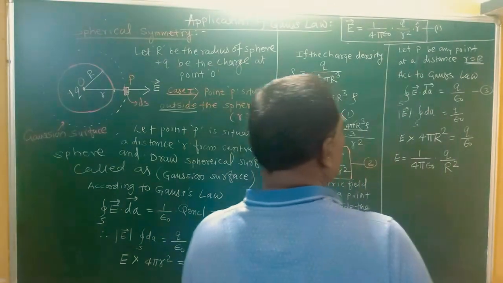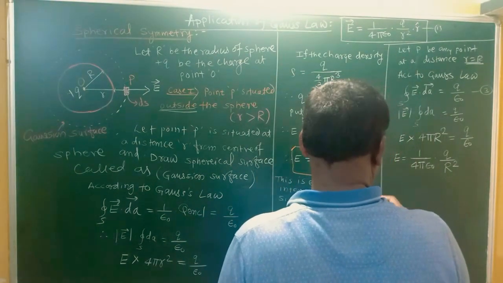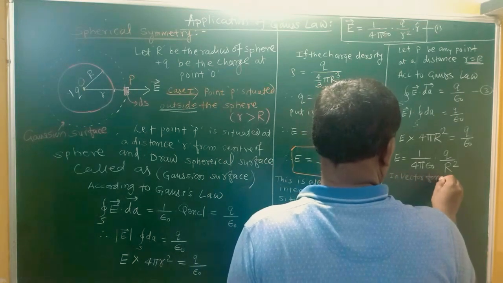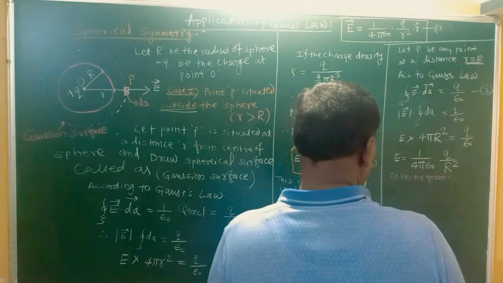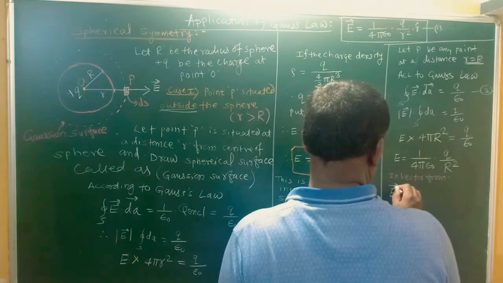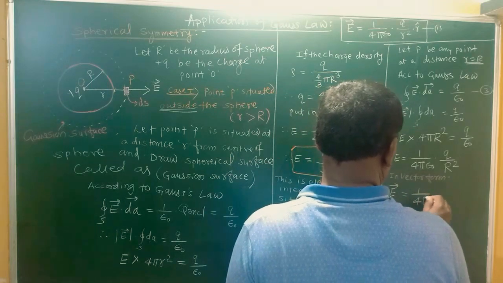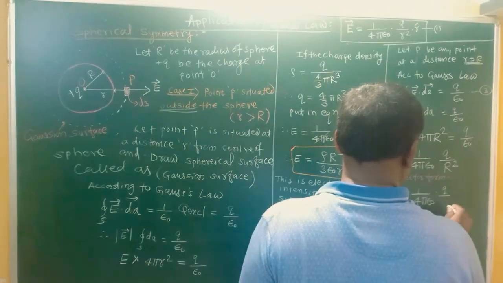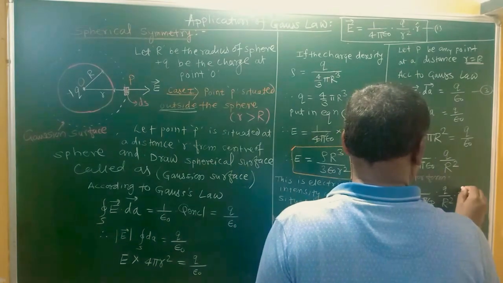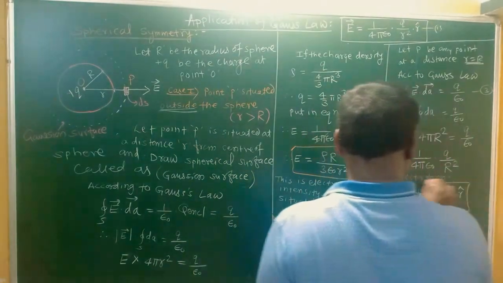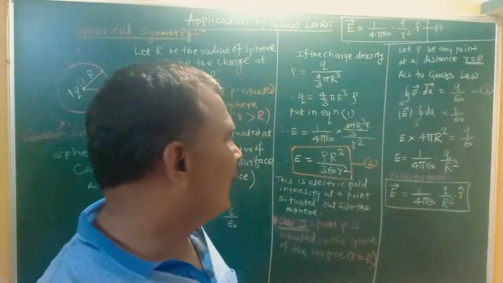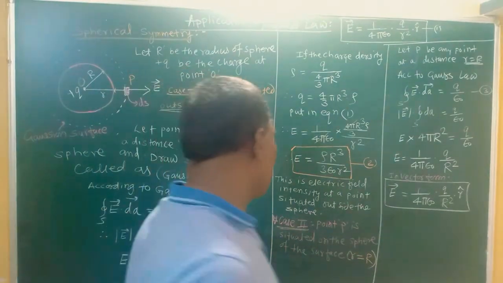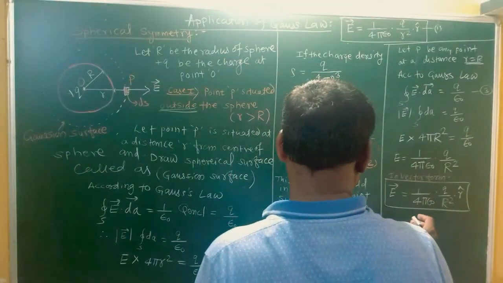And while we write the electric field in vector form, E bar is equal to 1 upon 4 pi epsilon naught into Q by capital R square into R cap. This R cap is the unit vector in the direction of the electric field intensity. And this is the expression for electric field intensity.